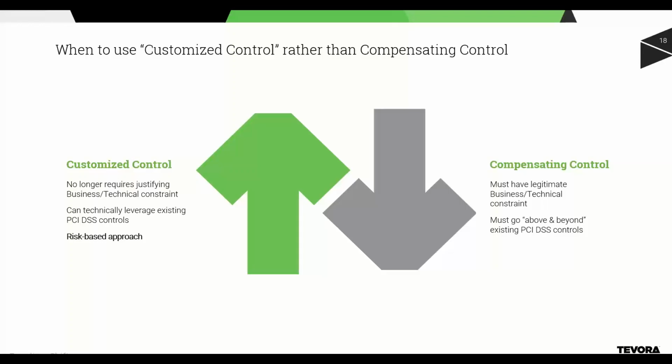Technically, there's no business or technical constraint that prevents us from having our employees maintain visitor logs to their room, but from a risk perspective, that just doesn't make sense. And that would be one example where a customized control makes much more sense than a compensated control.